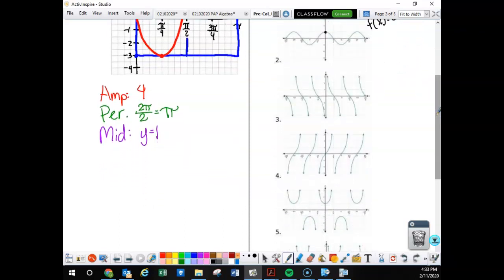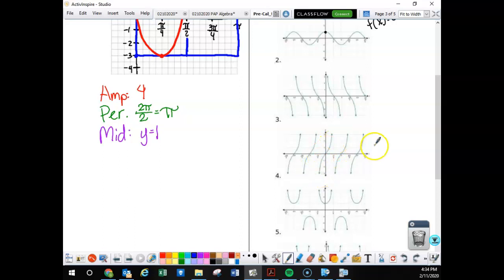This is either going to be cotangent or tangent, and these two are the different ones. So the way you can remember is tangent is y over x. So at pi over 4, I have square root of 2 over square root of 2, and that's going to be positive 1, right?